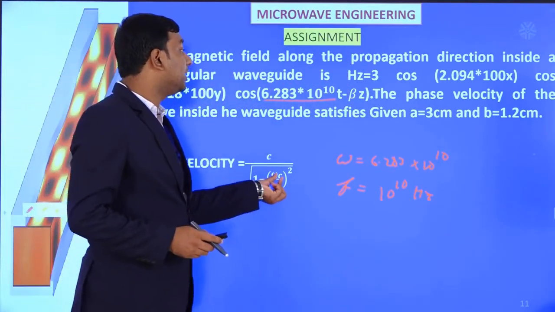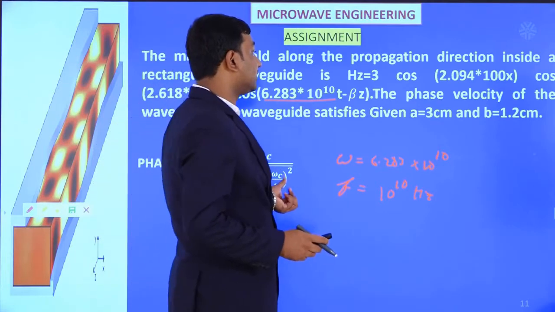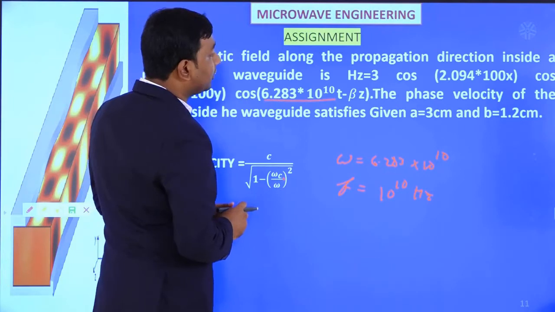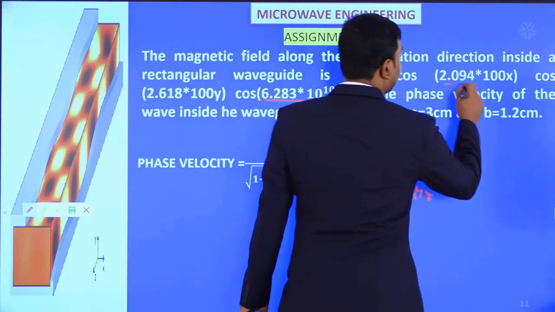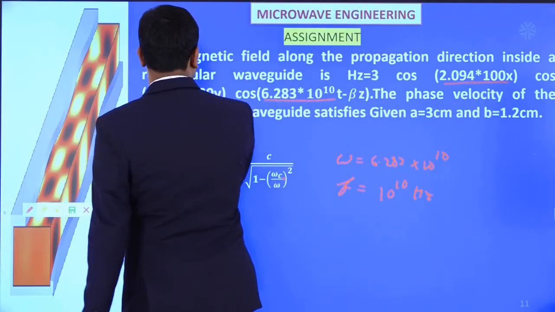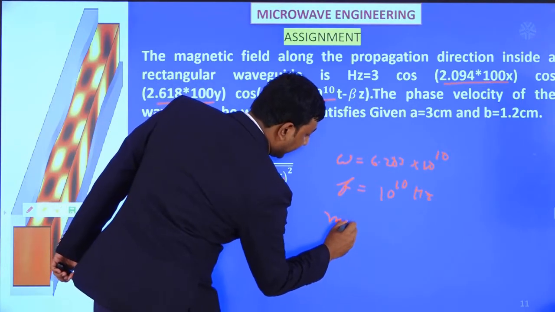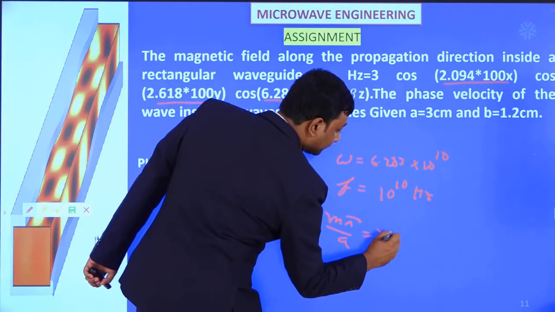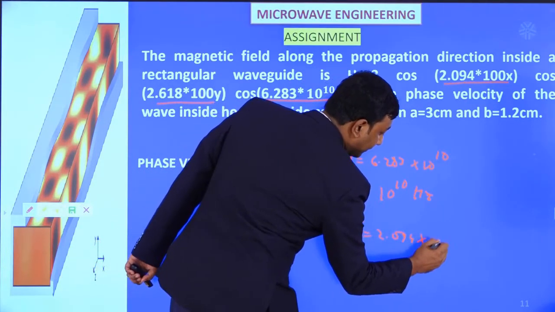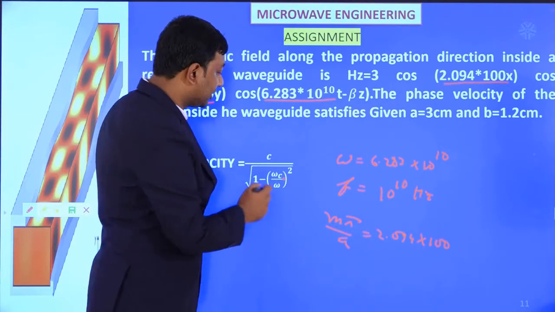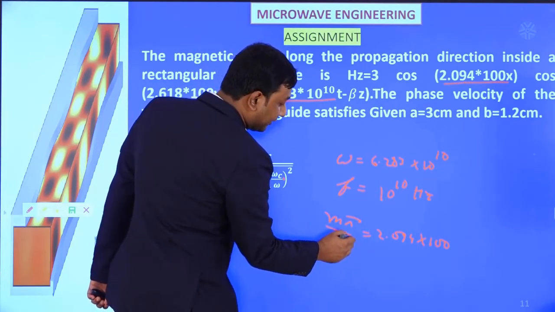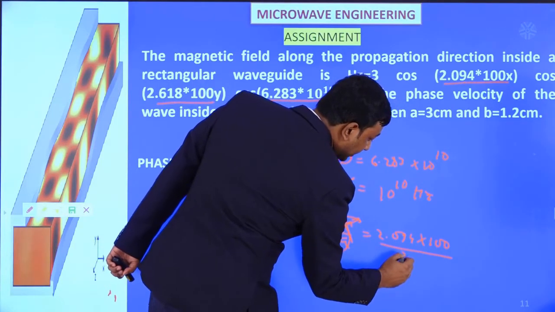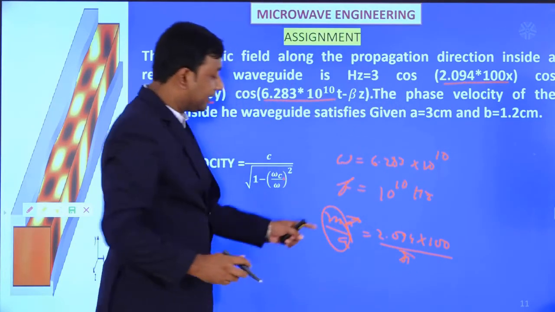Now we should find out the value of omega C, or cutoff frequency. So for finding out the cutoff frequency, we should find out the value of M pi by A. We know this one is M pi by A, this one is N pi by B. So M pi by A we will mention as this particular 2.094 into 100. Okay. So from this equation, we can find out the value of M by A by just dividing by the pi value.